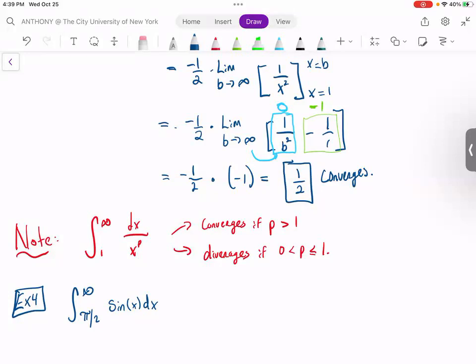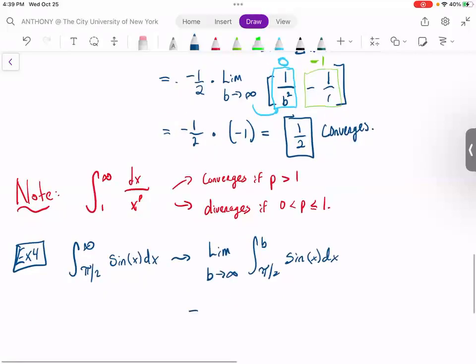So we know that sine of x is continuous, so you can apply this definition of improper integrals. You get the limit as b approaches infinity of the integral from pi over 2 to b of sine of x dx. Now, it's been a while since we've done this, but what is the antiderivative of sine of x?